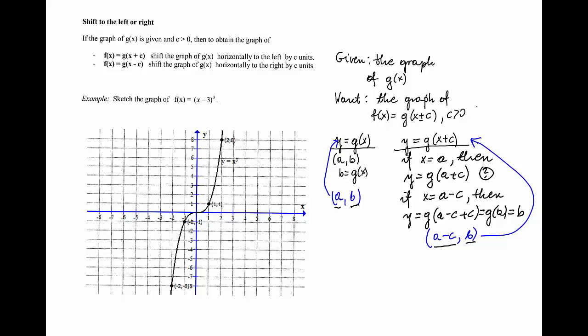It means that a minus c is c units to the left of a, and therefore to go from the point (a, b) to the point (a minus c, b), we'll have to shift horizontally, preserving the y values, c units to the left.